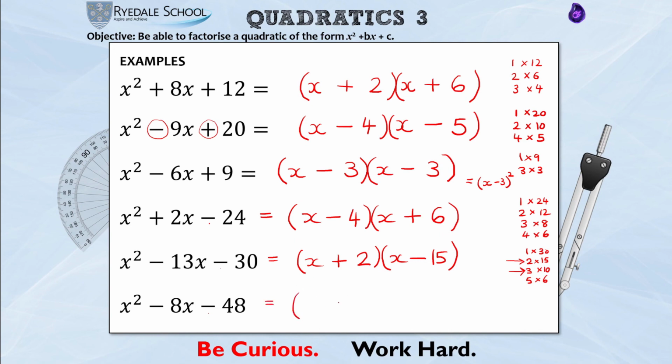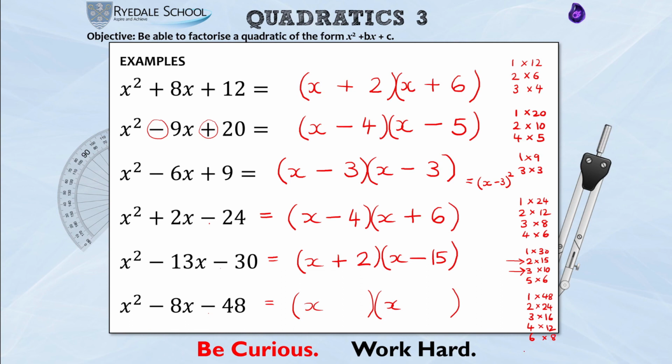Final example, we have x squared, take away 8x, take away 48. So again, let's think about the numbers that multiply to make 48. 1 and 48, 2 and 24, 3 and 16, 4 and 12, 6 and 8.